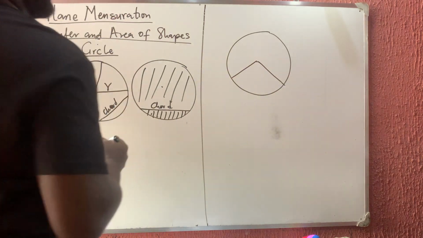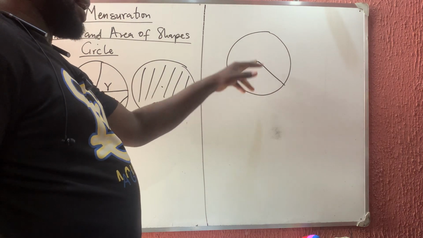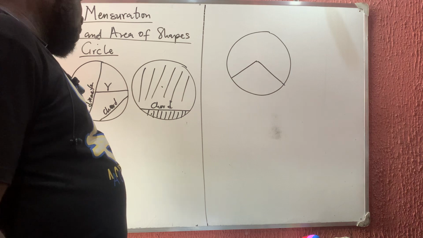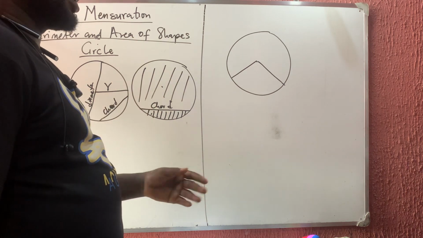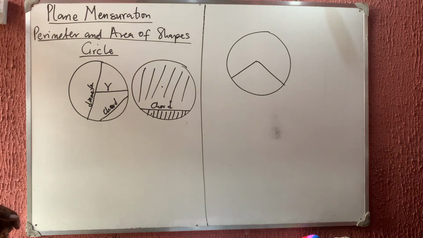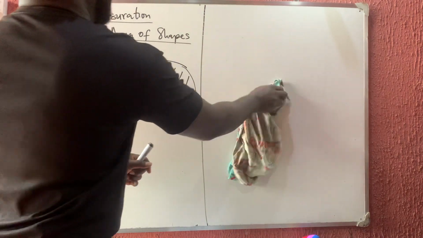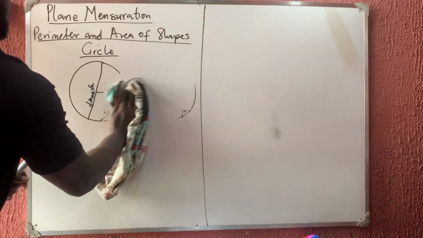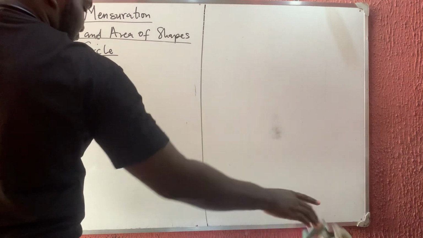This one is called the minor segment, and this is the major segment. Sorry, this is the one that we call an arc. So note that about a circle. I'm just trying to give you random things about a circle.